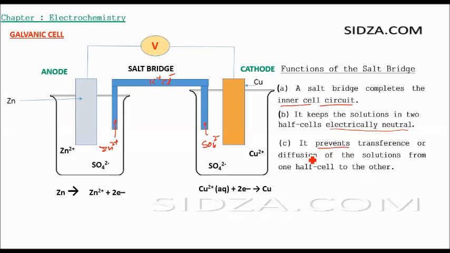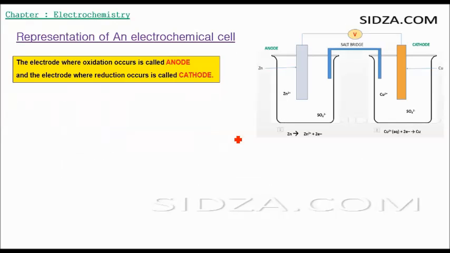It also prevents the diffusion or the transference of the solution from one half cell to the other half cell. Fine. So next point here is, how can we represent an electrochemical cell? As I said before, an electrode where oxidation occurs is called an anode, and the cathode is the one where reduction occurs.